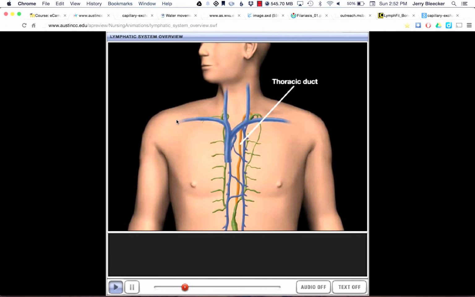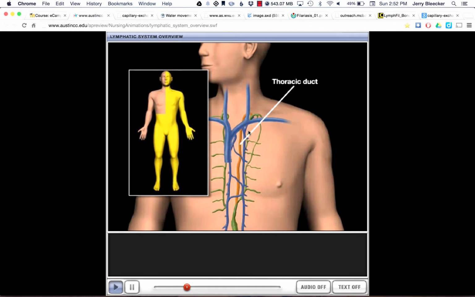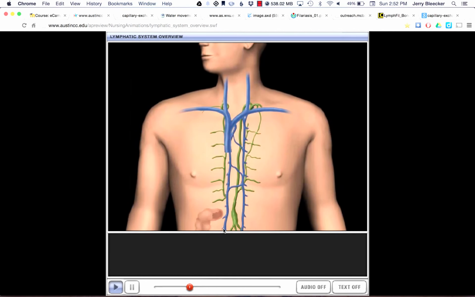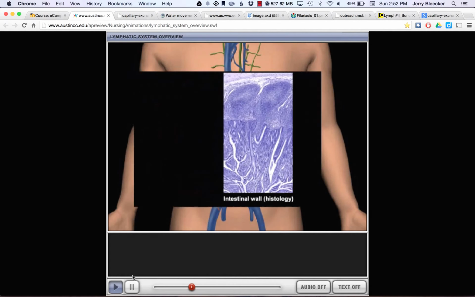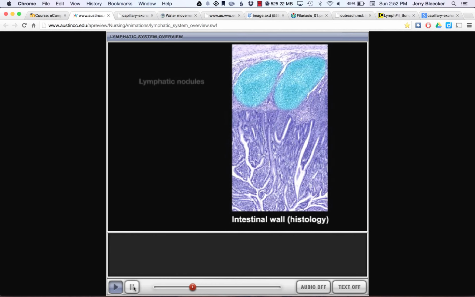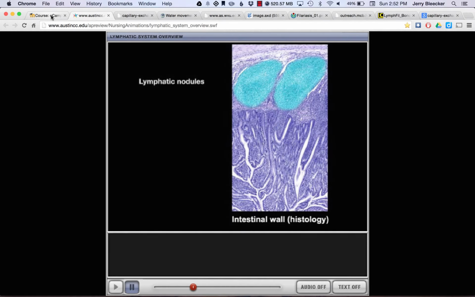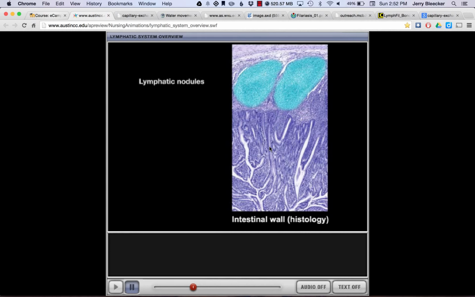So this lymphatic duct here on the right side focused on that region. And this lymphatic duct, really kind of the left side, has quite a job to do. There's a lot of drainage. It's got more of a focal area. And I think just a shot at lymphatic nodules. But I think we've accomplished what we want to accomplish for this lesson.